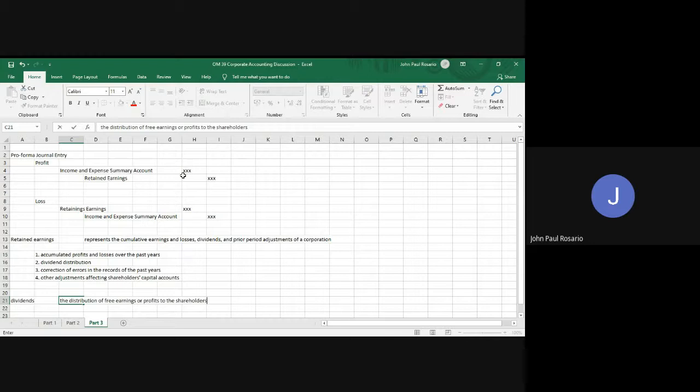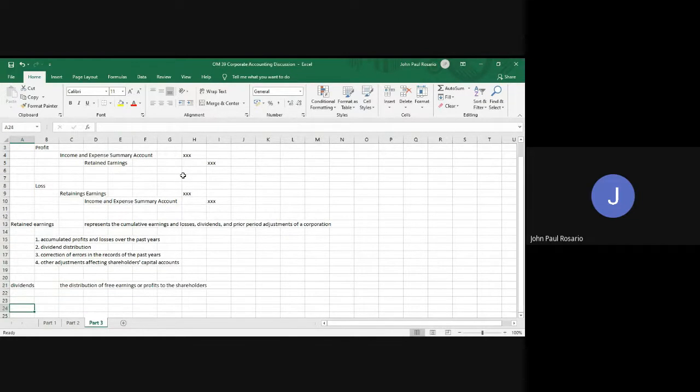Okay, but it's not necessarily every year na may dividends, because there may be instances wherein ang profit sa company is hindi nila i-distribute to shareholders, but ibabalik nila sa company for expansion purposes or for any other purposes that they may see fit. Now, on the declaration of dividends, there are three important dates that we should take note of for accounting purposes.